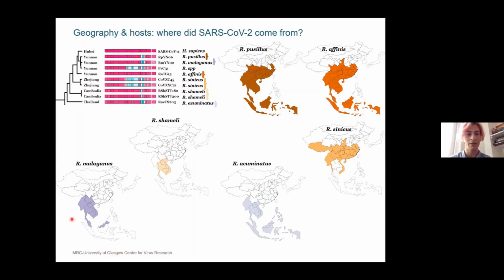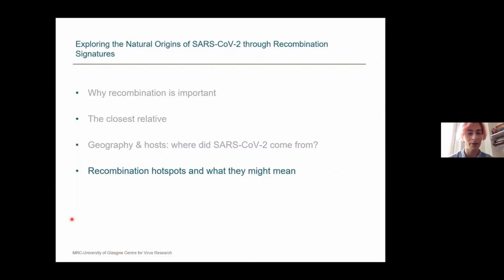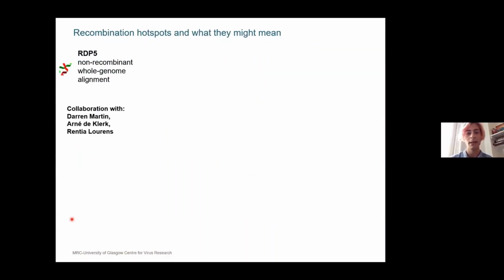So now you hopefully have a general picture of what the origins landscape looks like. So I'm going to move on to some really cool recombination hotspot analysis. And this is work in collaboration with Darren Martin and his team, Arne de Klerk and Renzo Lawrence.